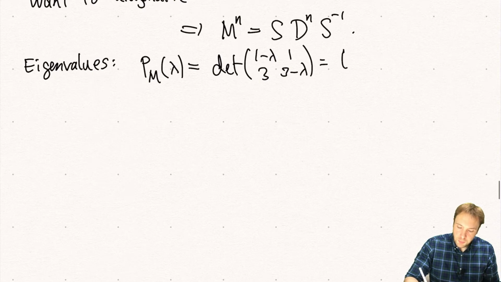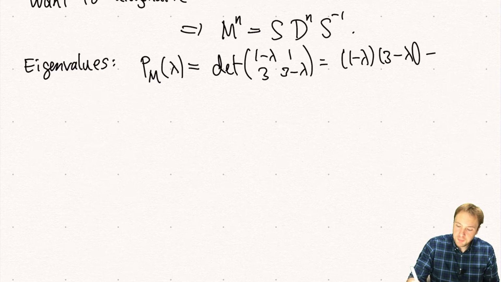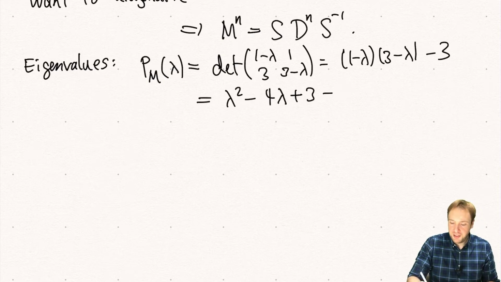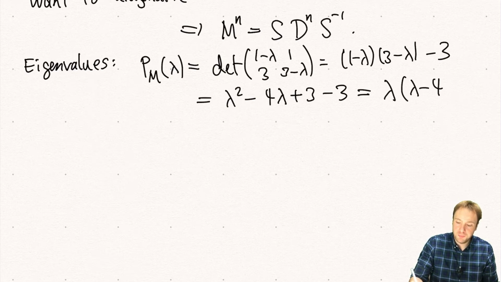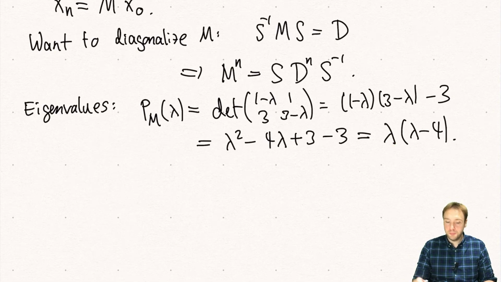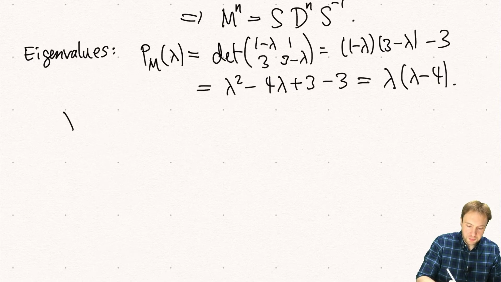So this is 1 minus lambda times 3 minus lambda minus 3, and this is lambda squared minus 4 lambda plus 3 minus 3. So the 3 cancels out, and we have this is lambda times lambda minus 4. So the eigenvalues of this matrix are 0 and 4. So lambda 1, let's say, is 0, and lambda 2 is 4.